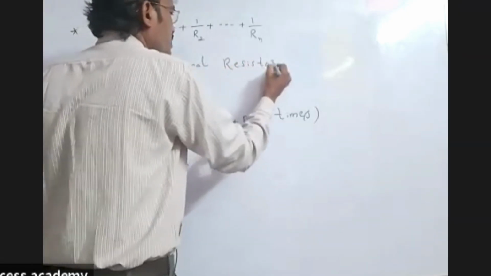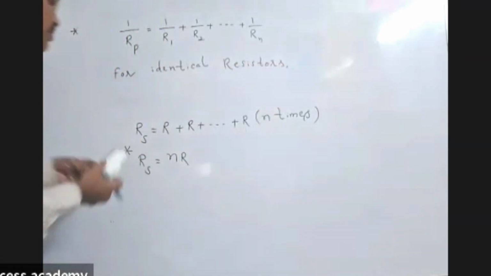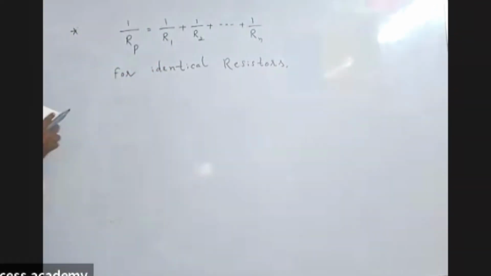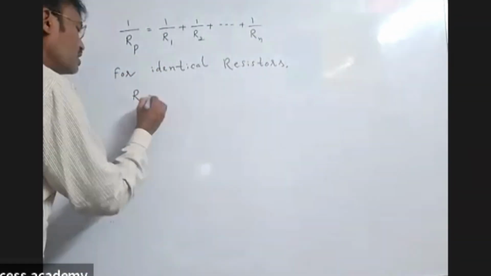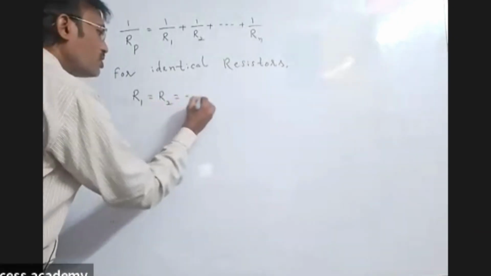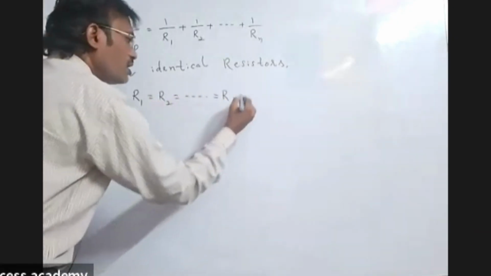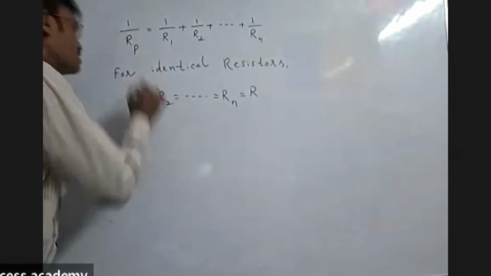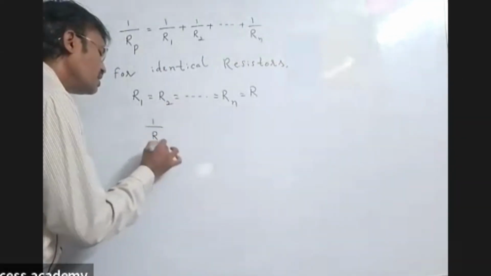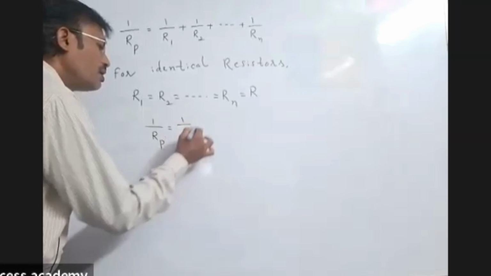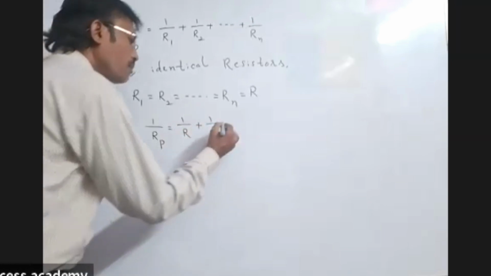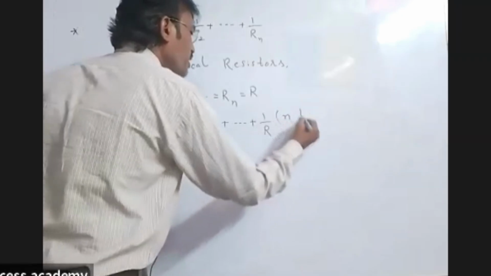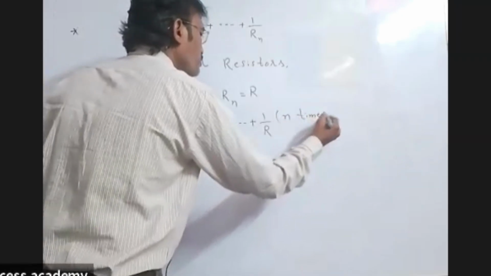Listen, R1 is equal to R2 equal to and so on equal to Rn, which I am mentioning as capital R. For identical resistors, 1 by Rp is equal to 1 by R plus 1 by R plus and so on plus 1 by R, repeated n times.